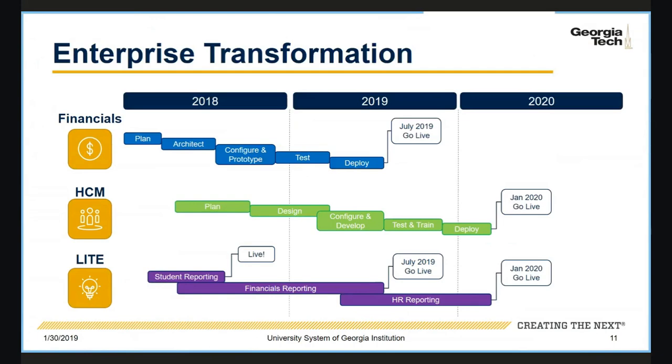Financials is scheduled for a July 2019 launch, with HCM following behind in the December 2019, January 2020 timeframe. And finally, Lite is launching financial and HR reporting capabilities in parallel with both the Workday and HCM initiatives.